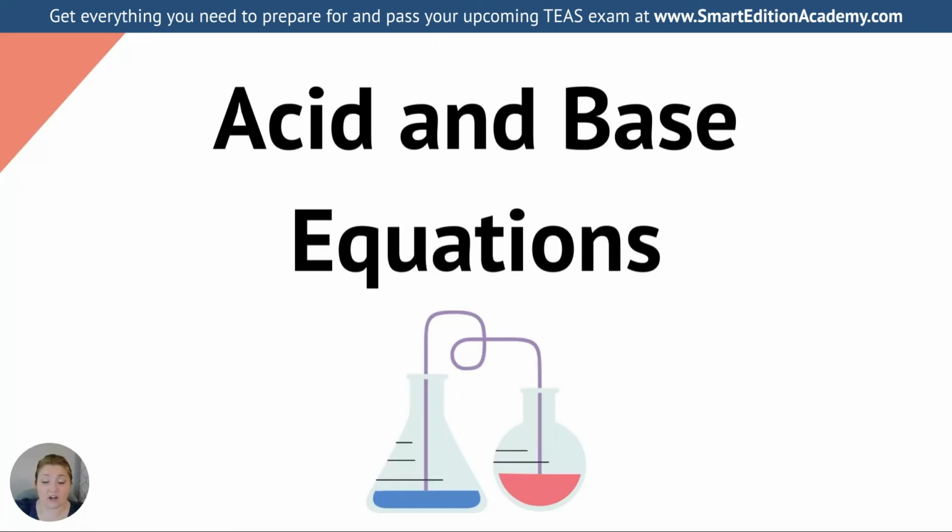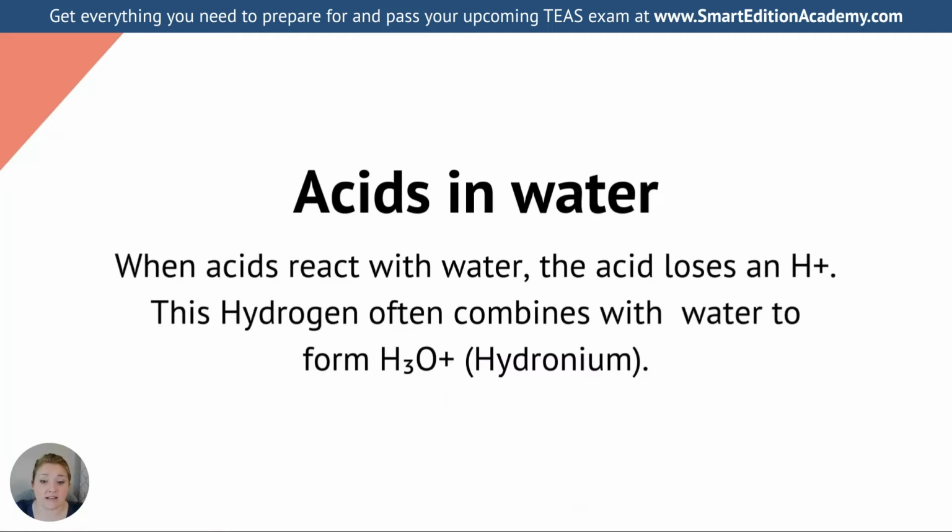All right, so let's talk about first how acids react in water. And we've talked about that a little bit, but let's go over it again. When acids are put into water, the acid loses an H+. The hydrogen often combines in the water with H2O, creating H3O, which is hydronium.